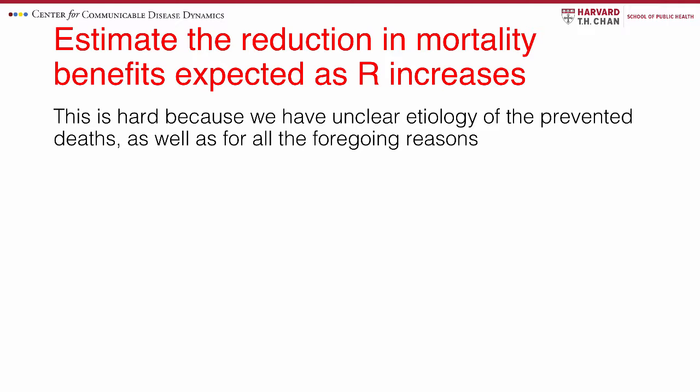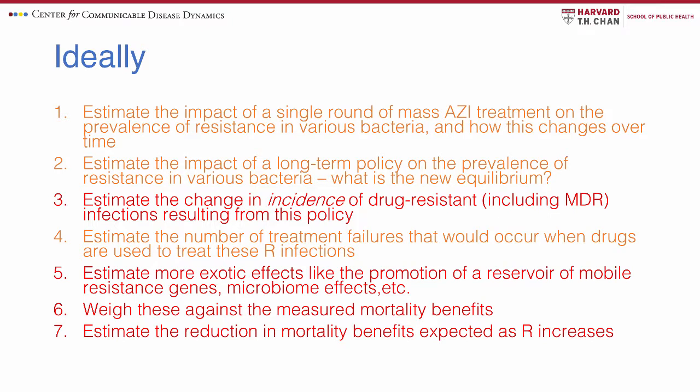So if resistance increases, as we would expect it would in response to MDA, the mortality benefit might decline, and I think trying to quantify that would also be essential. So those are the steps, and I had hoped to put some green here for something we really understand, but we're mostly in the in-between orange or we don't really have much data area of red, and I think there's a lot more to be done.